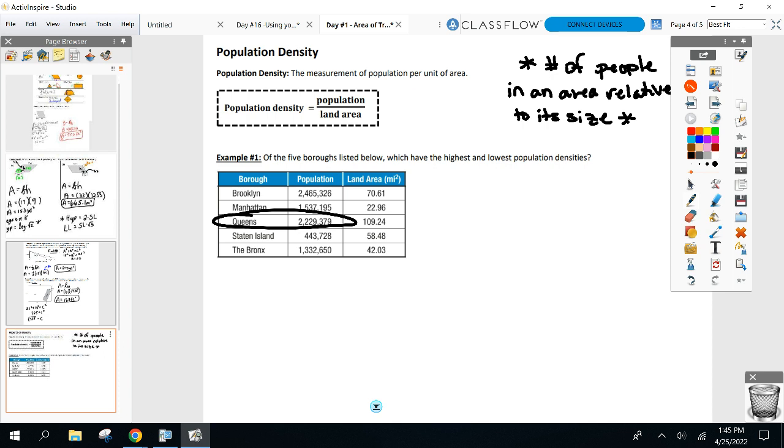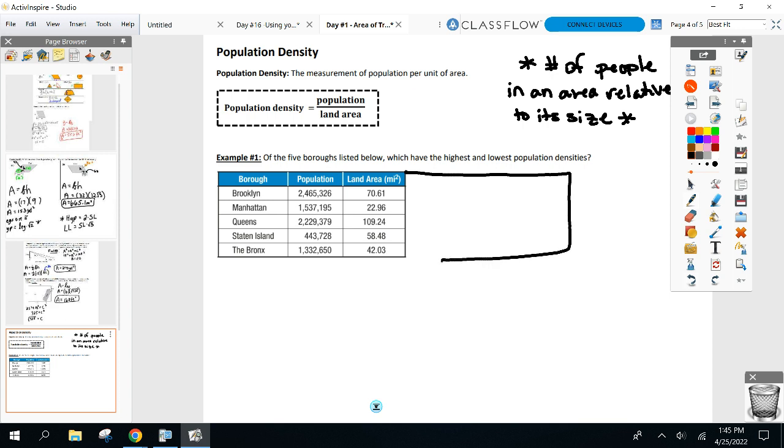So I think the easiest way to do this is let's add a fourth column onto here, so we're just not doing calculations all over your paper. And let's just make this 4th column population density.